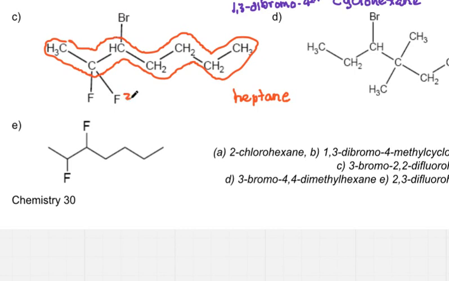So we have 3 bromo. And on the second carbon, we have 2 fluoro groups. So 2, 2. I assume you're on top of the fluoro thing by now. 2,2-difluoroheptane.